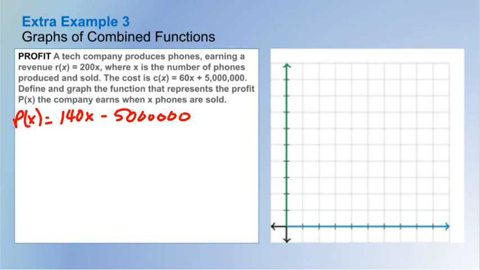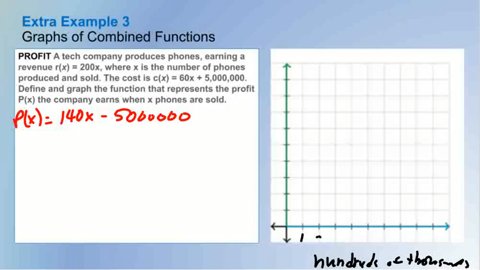Now my x coordinate, we're going to count those. Those are going to be the phones sold. Those are going to be in hundreds of thousands. So that's going to be in 100,000s. If I count this as 1, 2, 3, 4, 5, 6, 7, 8, 9, 10, this 1 would represent 100,000.